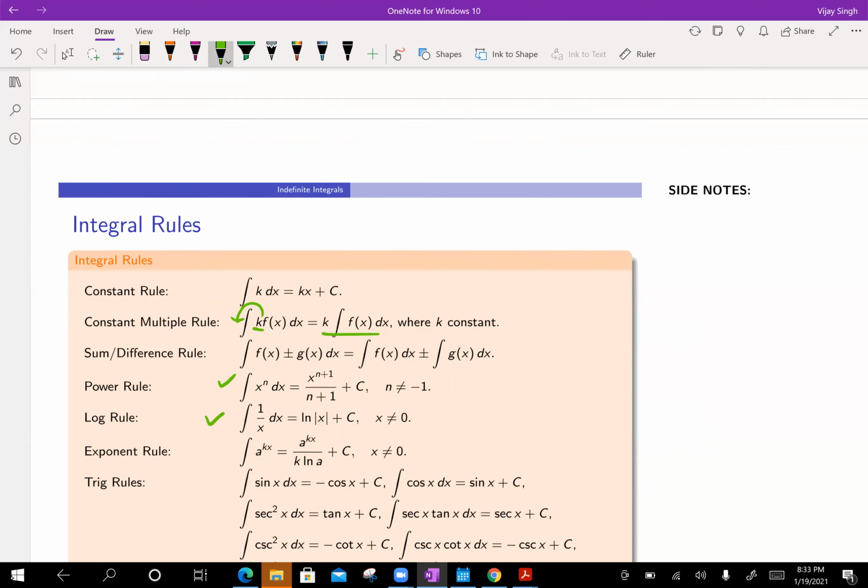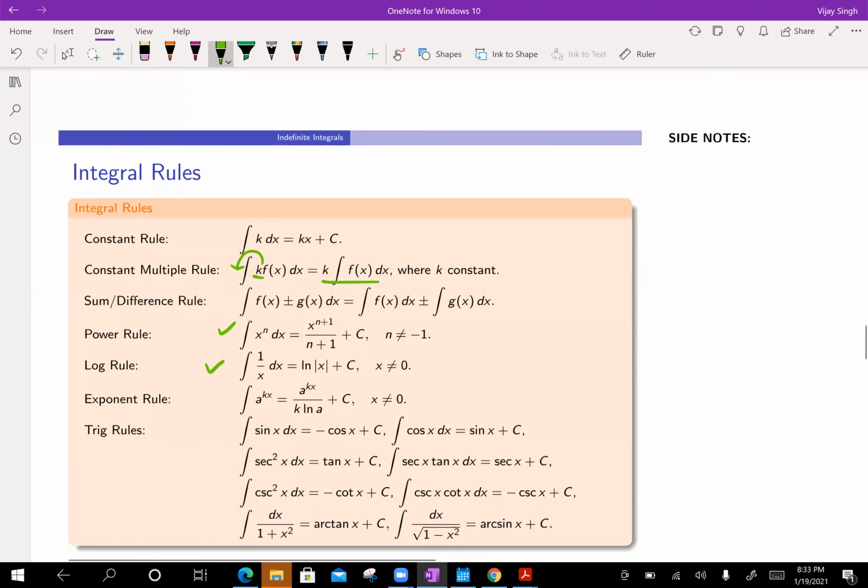The power rule and log we have already discussed. Exponential as well. So note that the derivative of a to the power kx is a to the power kx times k times ln a.